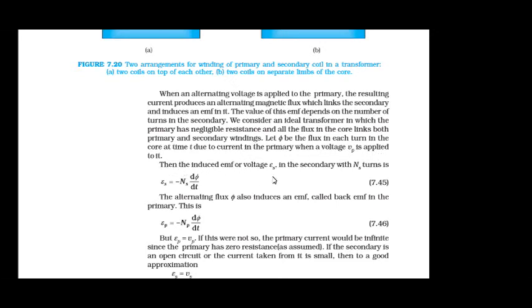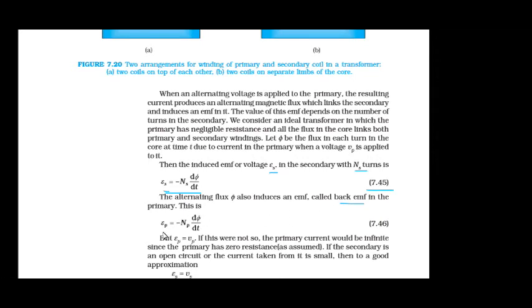Then the induced EMF or voltage E_S in the secondary with N_S turns is E_S equals N_S d phi by dt. This is equation 7.45. The alternating flux phi also induces an EMF, called back EMF, in the primary.